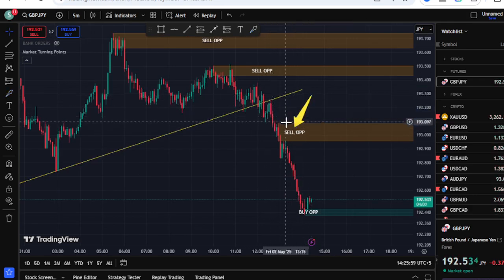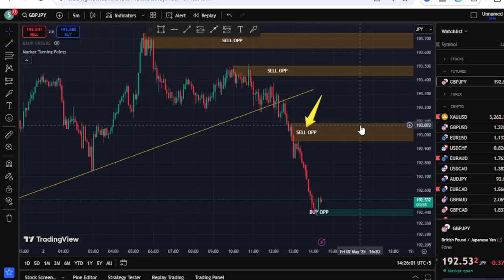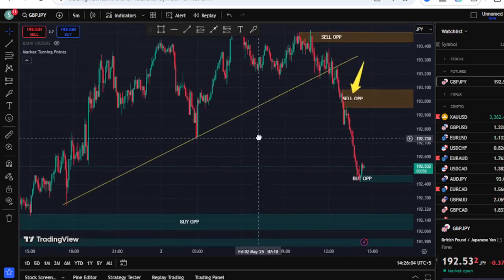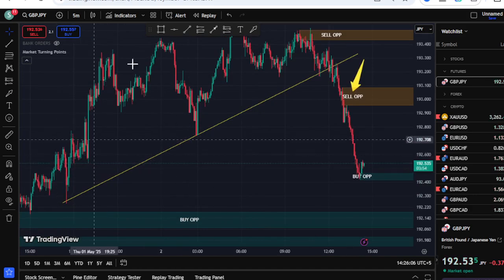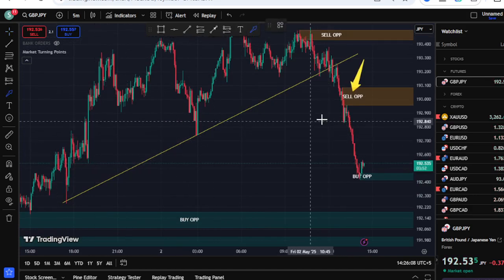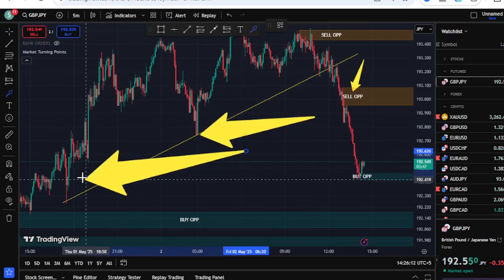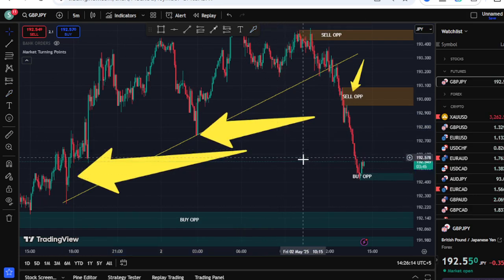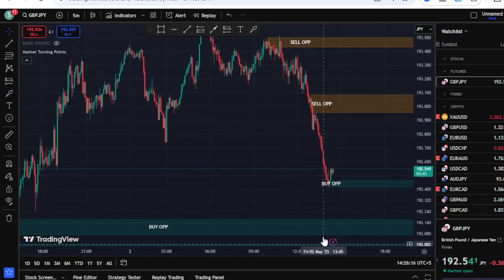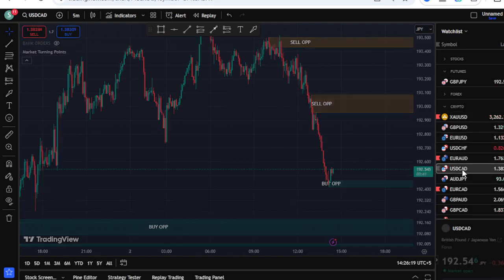Now look at this one. This selling opportunity level is telling me everything, that now the market is basically going to hunt the stop losses that are available at this support level, and at this support level, and you can see the market actually going down.